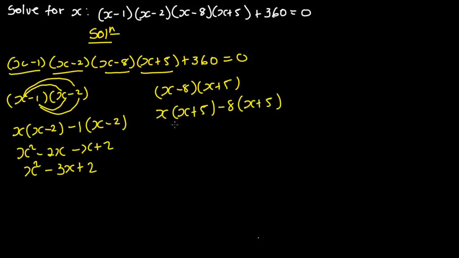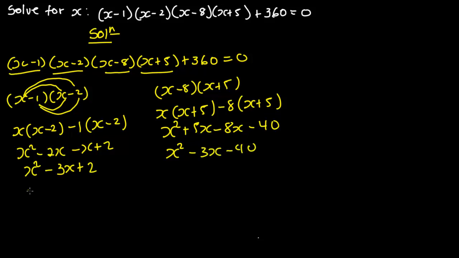And so when we expand the bracket, we are going to have x squared + 5x - 8x. And then 5 times 8 is 40. Remember, this is negative, so we are going to have negative 40. So here we are going to have x squared, 5x - 8x is going to give us -3x - 40.